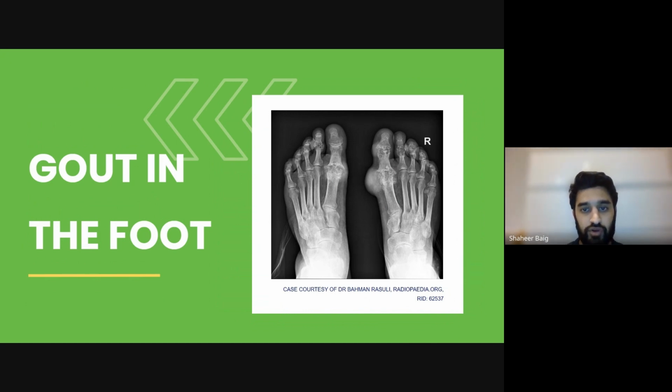The foot is a very common area for gout, usually affecting the first toe.